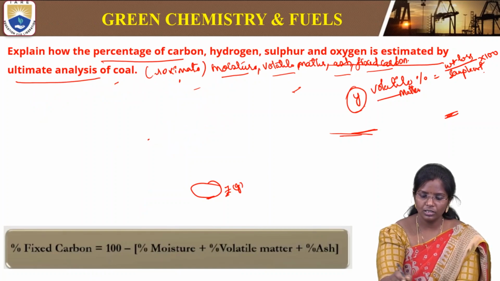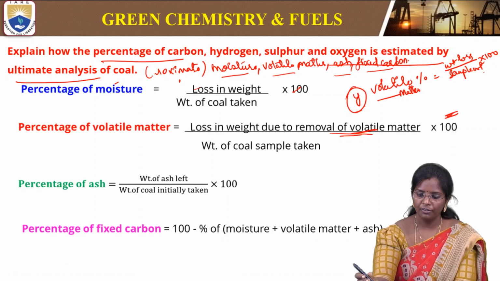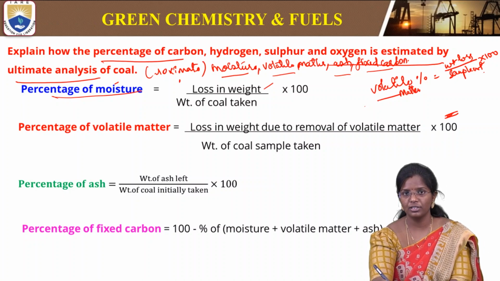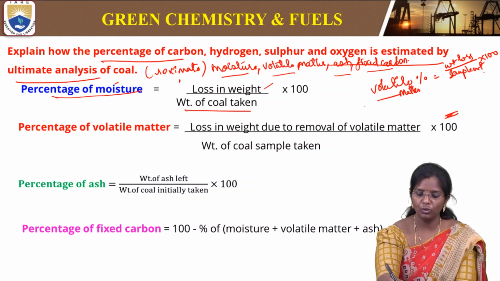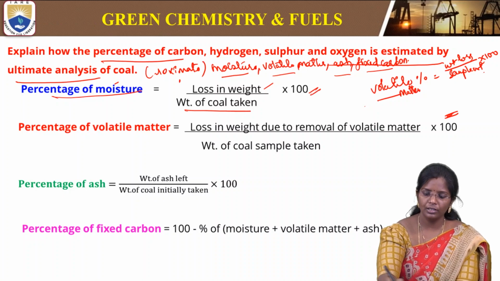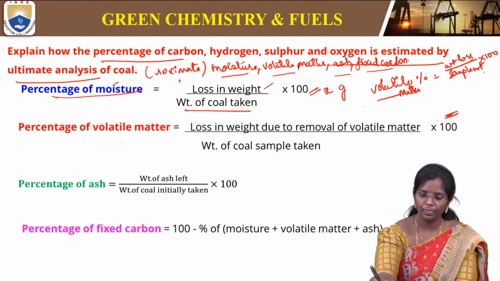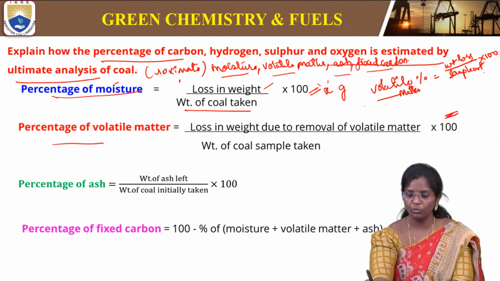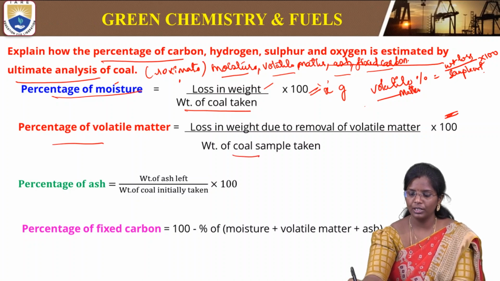So let us see in detail the formula also. If you see here, I've already written, but this is percentage of moisture: loss in weight before and after the heating, by weight of the coal taken, into 100. This is the x grams. Then percentage of volatile matter: loss in weight due to removal of volatile matter by weight of the sample, into 100.